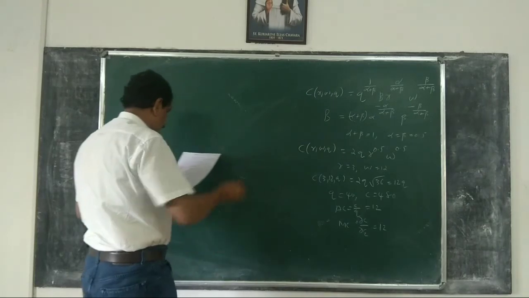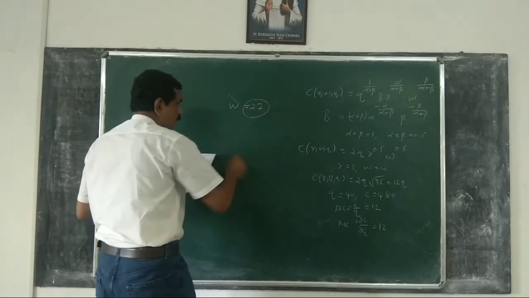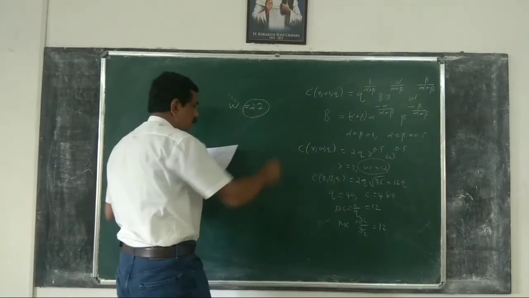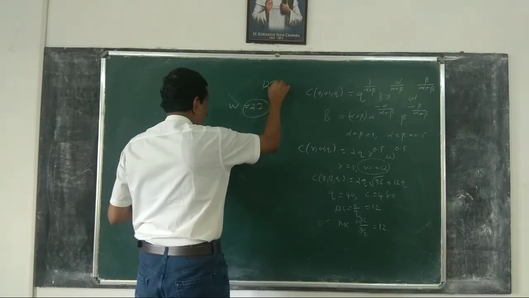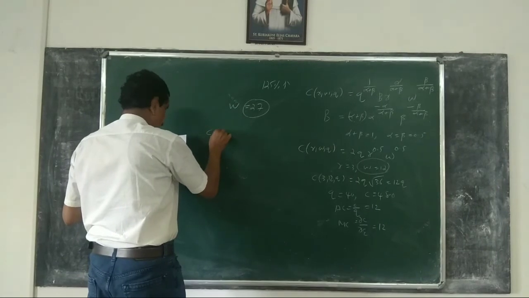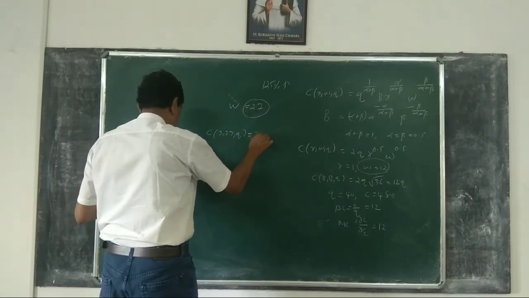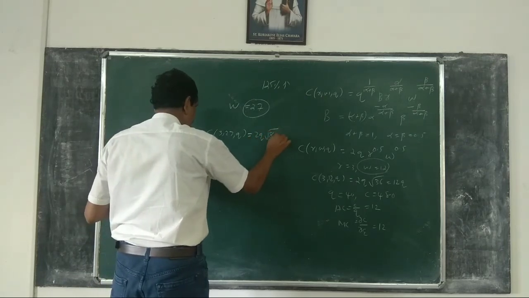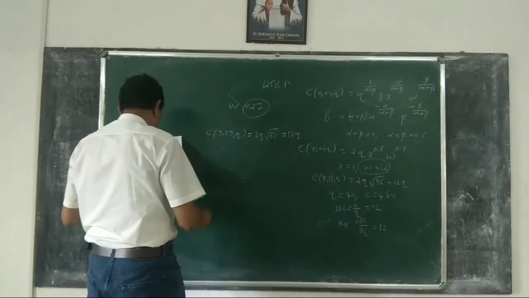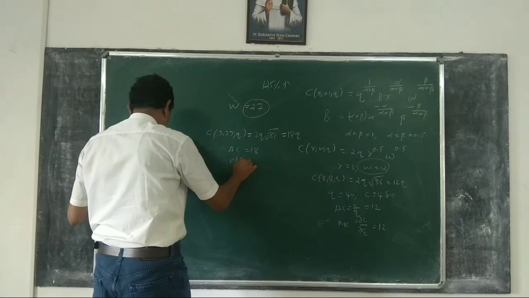Then suppose that W increases to 27 from 12, that is a 125% increase. Then C(3,27,Q) is equal to 2Q into root 81, which is equal to 18Q, and AC is equal to 18, MC is equal to 18.